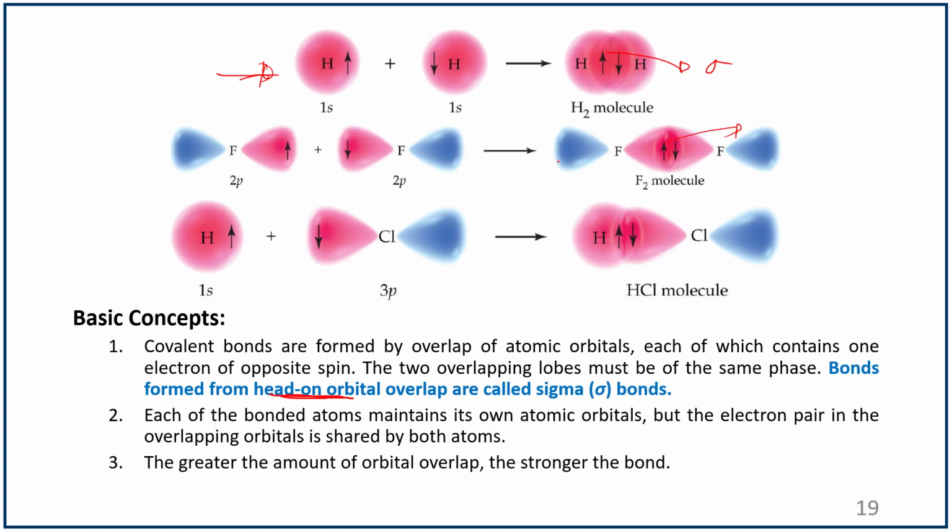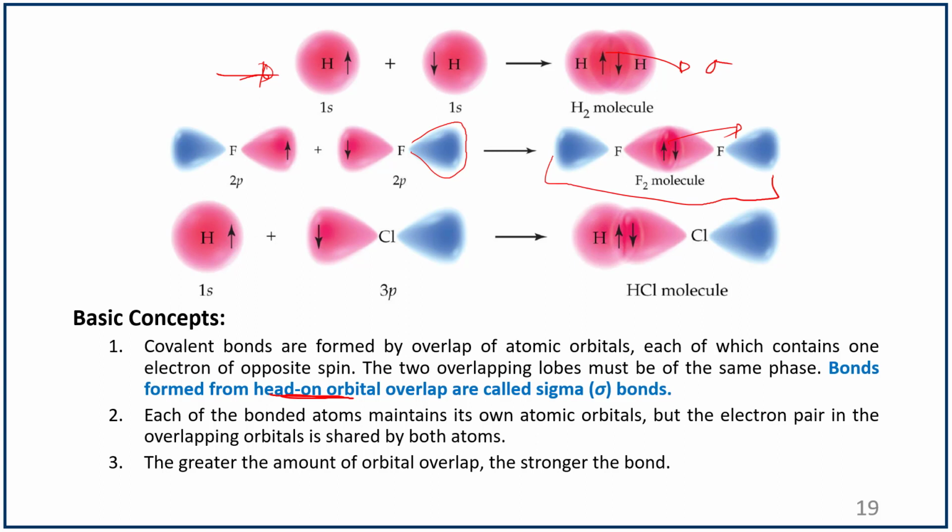But notice that in this cartoon you can still distinguish one 2p orbital from the other. This blue region here, by the way, just denotes an air quote negative part of the 2p orbital. So it really has nothing to do that much with our discussion, at least at this point.